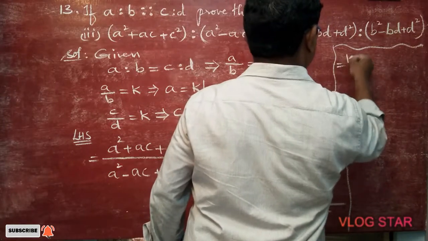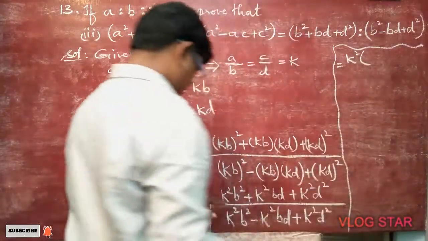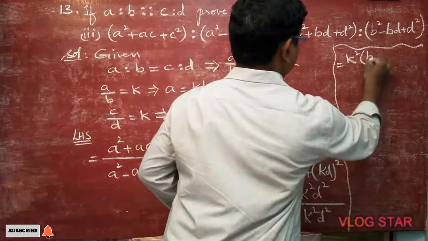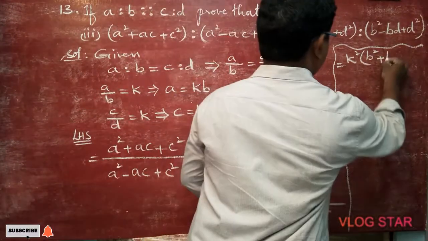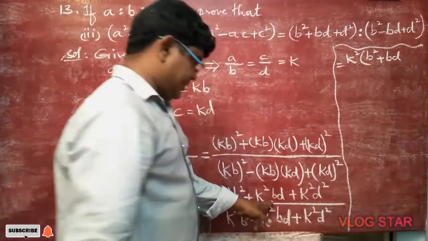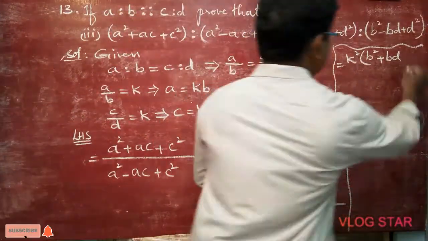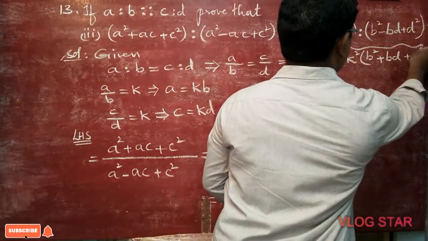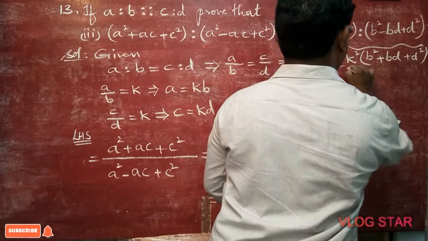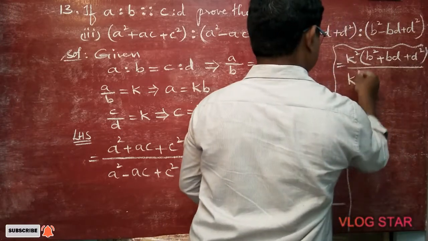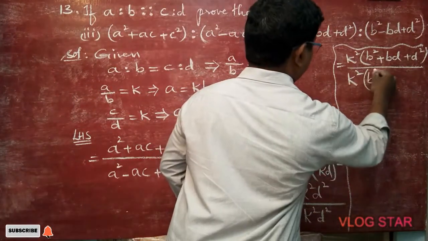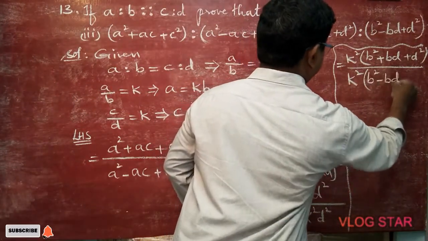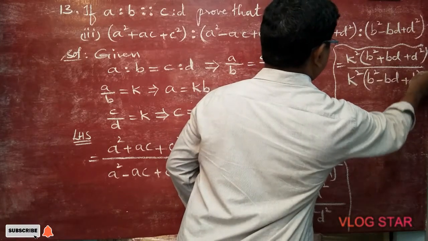So that is equal to, in numerator K square if you take common, B square is left plus BD is left. BD means B into D, plus D square is left, by denominator also K square is there common. Here B square minus BD plus D square.